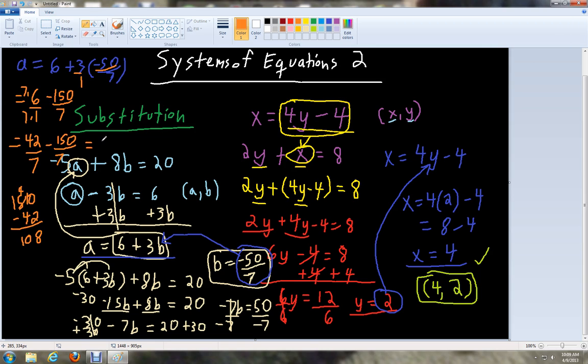So that's going to be negative 108 over 7. And 7 does not go into 108 evenly. So that would be the answer for b, or sorry, for a. a equals negative 108 over 7.